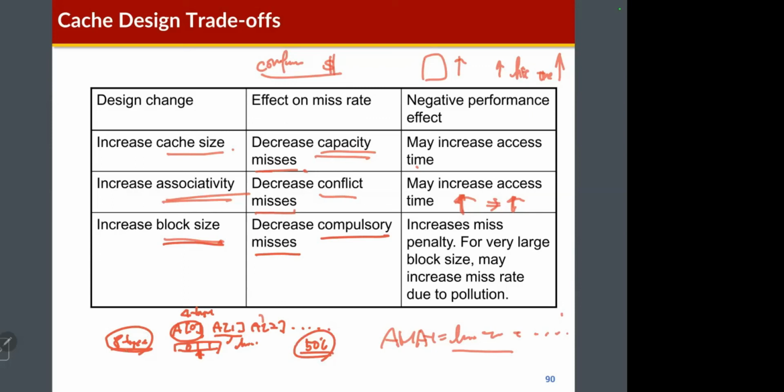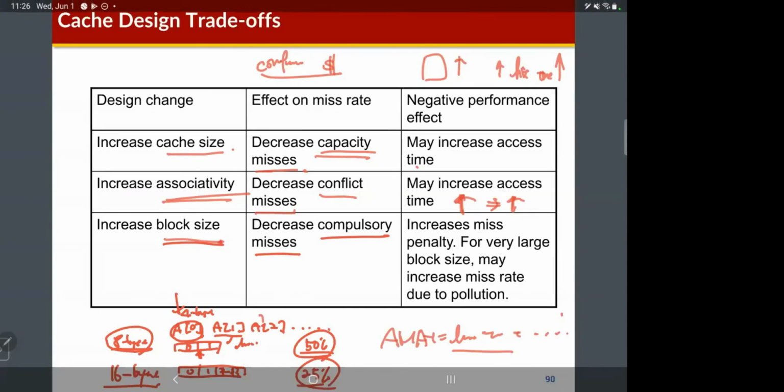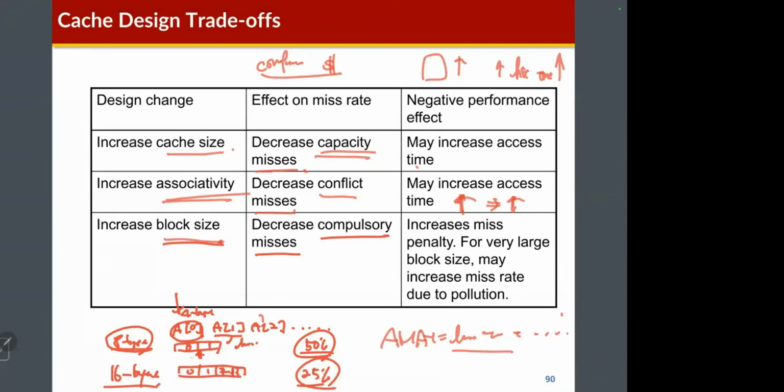But if we increase the block size to 16 bytes, then for the first reference, we store A0, A1, A2, A3 in the cache. In this case, the miss rate is reduced to 25%. The first reference is a miss, but A1, A2, and A3 are hits in the cache.